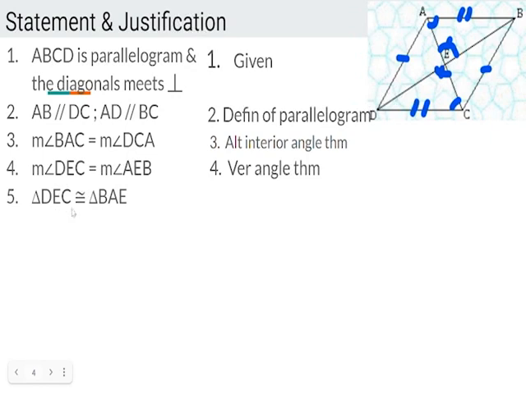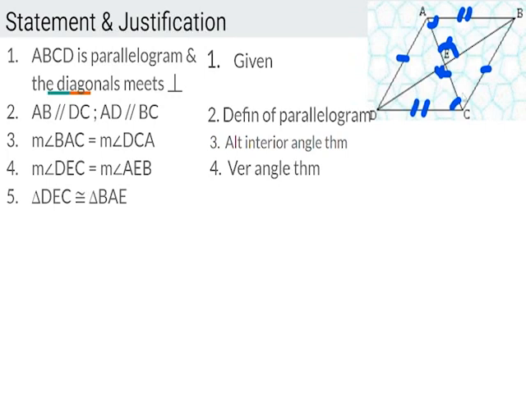Step 5, triangle DEC is congruent to triangle BAE. So is this triangle congruent to this triangle? Let's take a moment and think about how that is possible. I'm assuming you paused and thought about it, but if not, that's all right. Now I'm going to give you the answer.